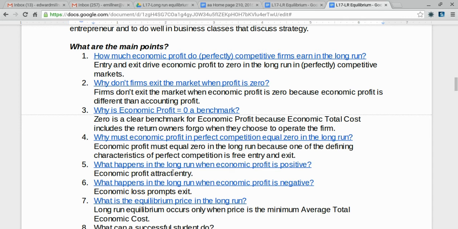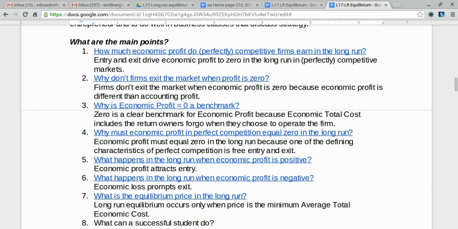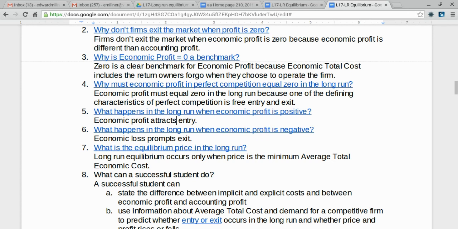The next point talks about what happens when economic profit is negative. Economic loss prompts exit. You put these two things together, you get the seventh point. Long-run equilibrium occurs only when price is the minimum average total economic cost.